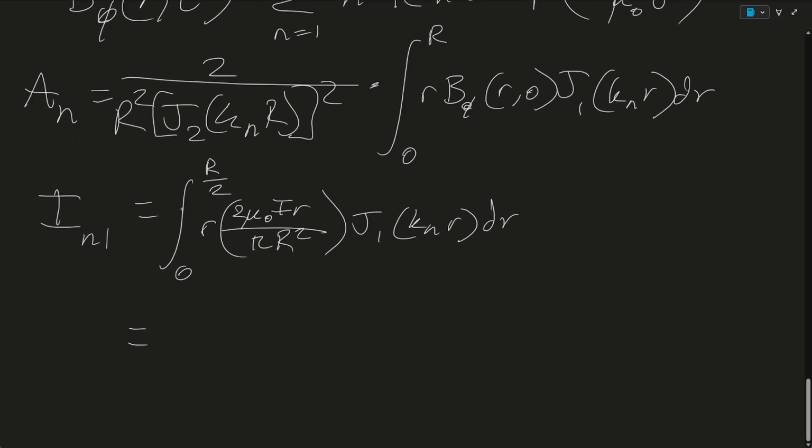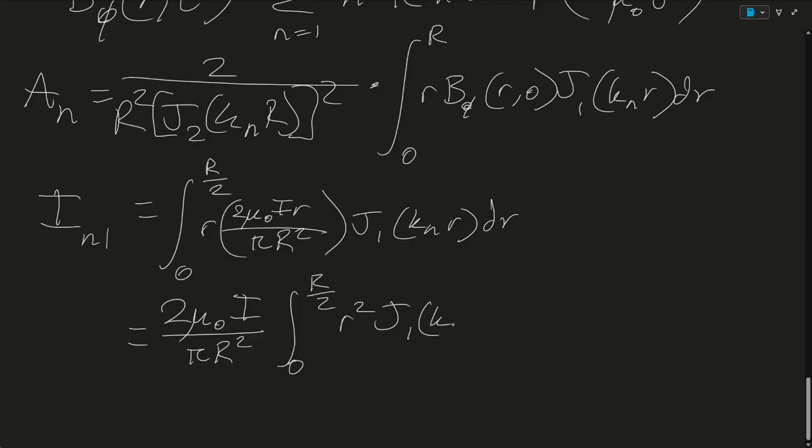We can pull all of this out, or bits of it out at least. R squared, so the integral from 0 to R over 2 over R squared of r squared J1 of k_n r dr.